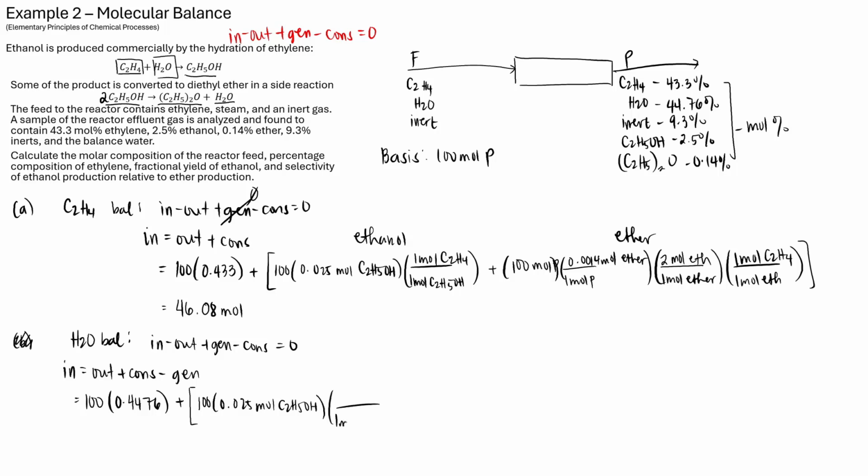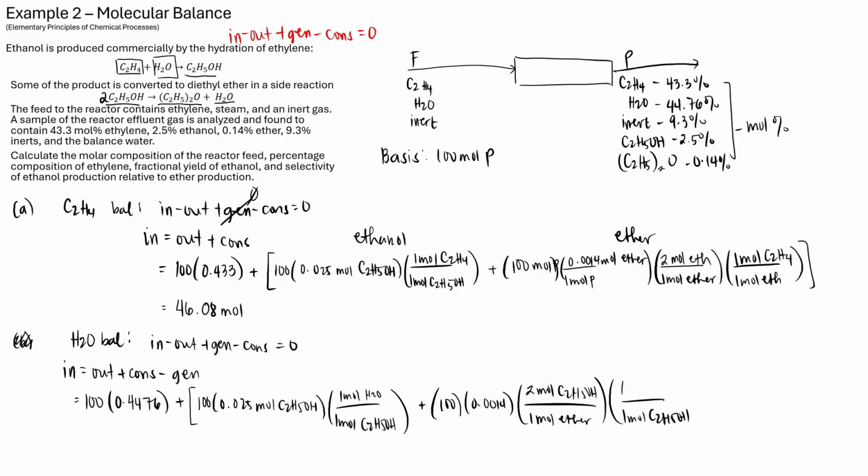And then instead of ethylene, it's going to be 1 mole H2O. And then same here, 100 times 0.0014, 2 moles of ethanol is needed to produce 1 mole ether. And then 1 mole C2H5OH required 1 mole of H2O. So this is the consumption term.